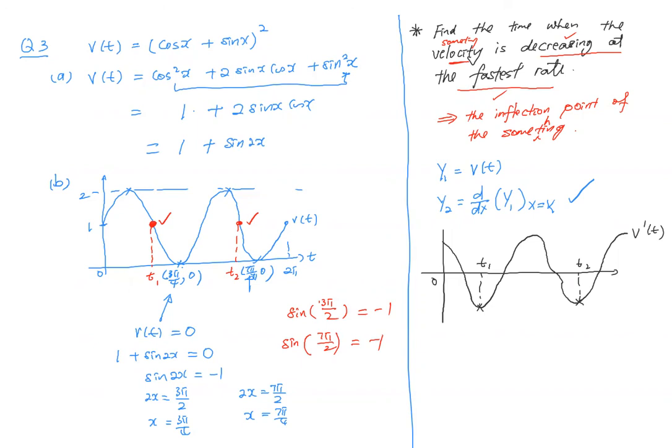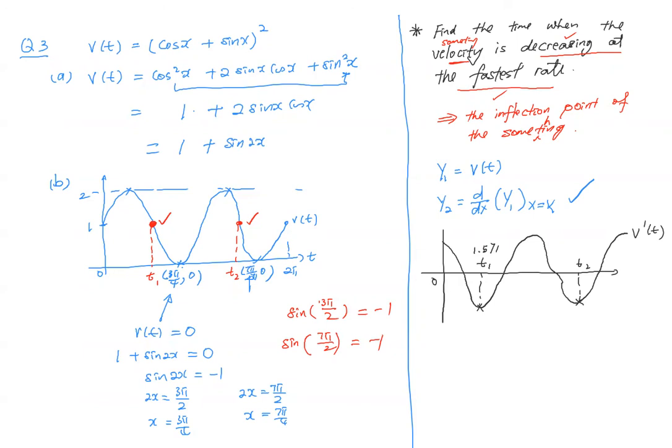Everyone should be very familiar with how to find the turning point. Do you get it as 1.57? Yes. Okay, then get your T2.